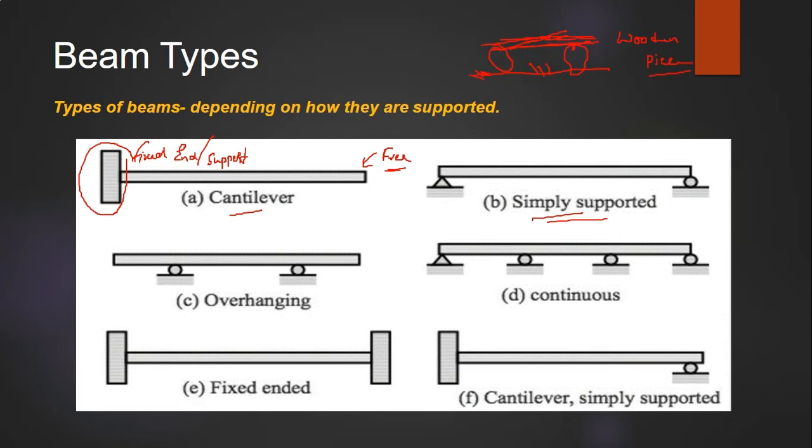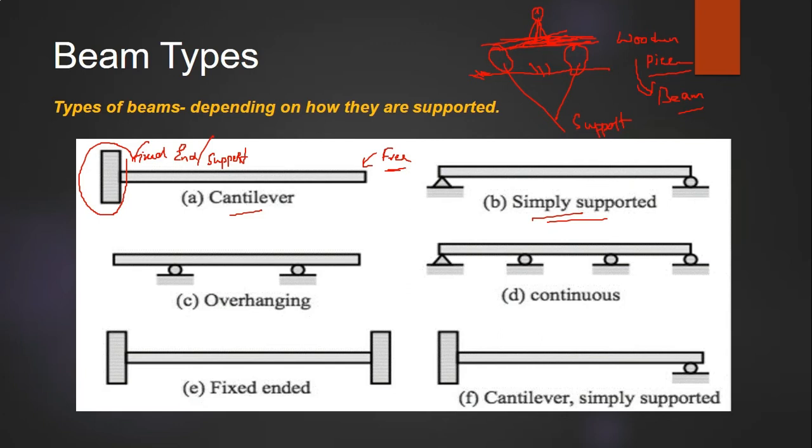So this is something like a bench, isn't it? When you sit over here, this wooden plank is nothing but a beam. This beam is made up of wood, isn't it? So these stones are nothing but supports.